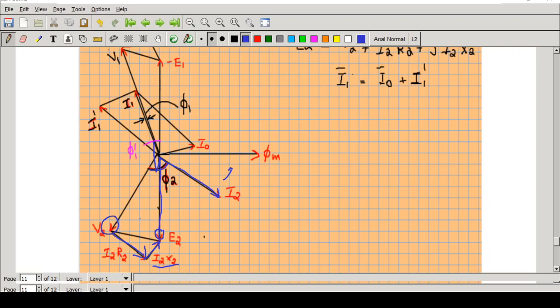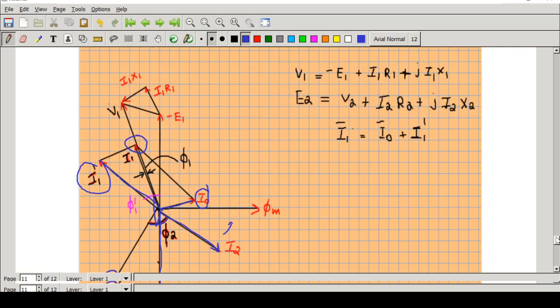Okay, similarly, opposite to I2 I will draw I1 dash. Here I have I0. The vector sum of I0 and I1 dash will give I1. See here, I1. Now I have to get V1, right? So I will start from E1. Minus E1 is drawn opposite to E1. So I will start from this point.